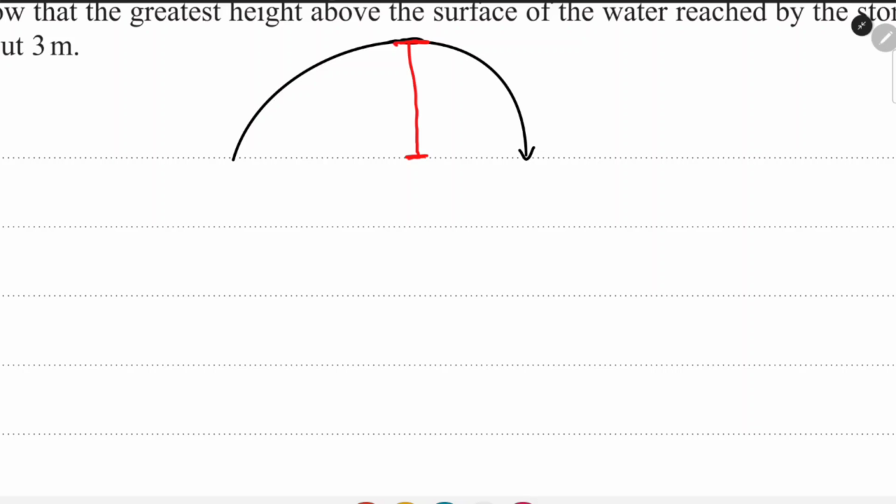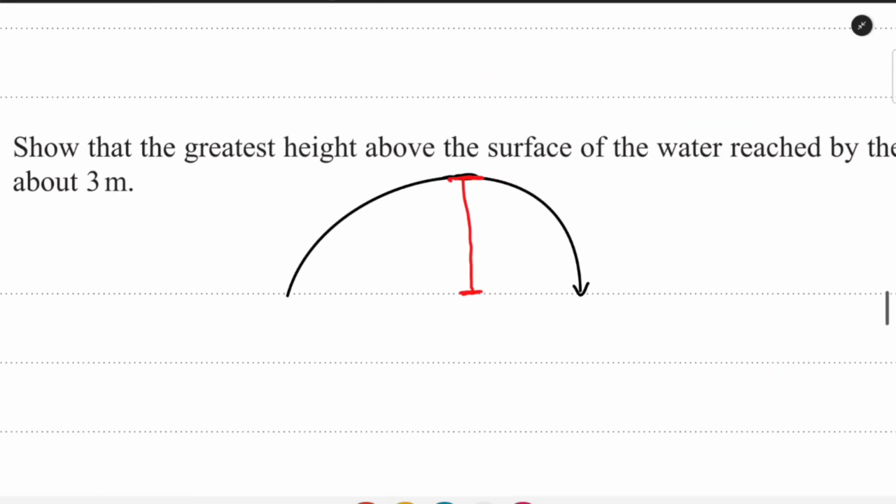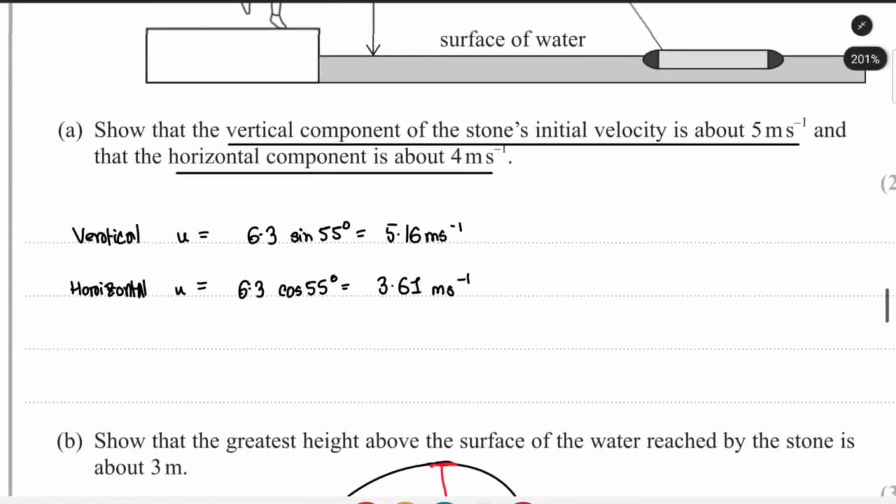The important thing to notice over here is horizontal and vertical motions are independent of each other. So nothing is affecting the horizontal motion other than air resistance, which we'll assume to be negligible in this case. For the greatest height, all we need is the vertical movement of this stone.